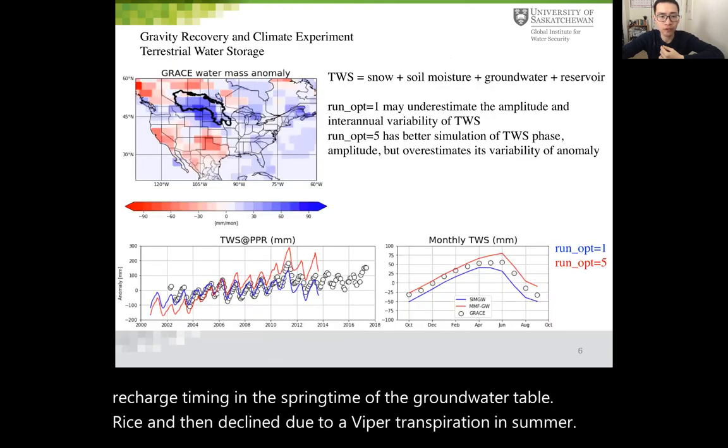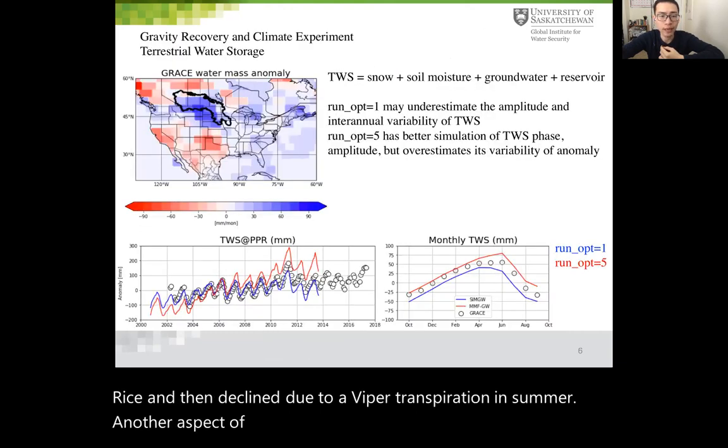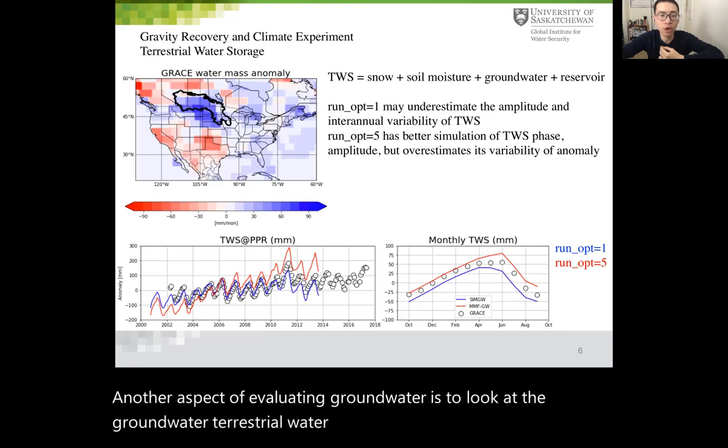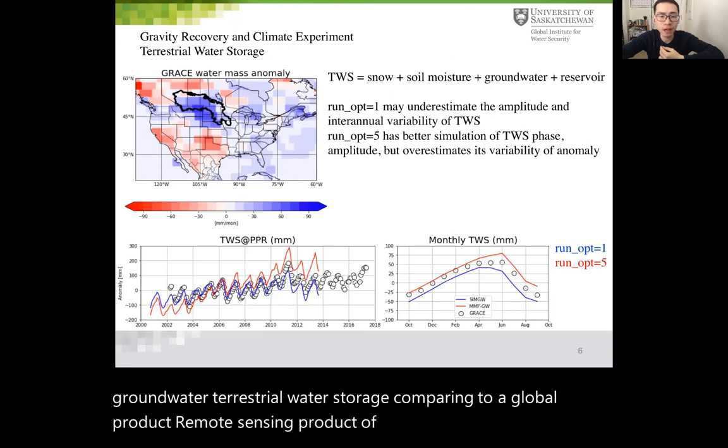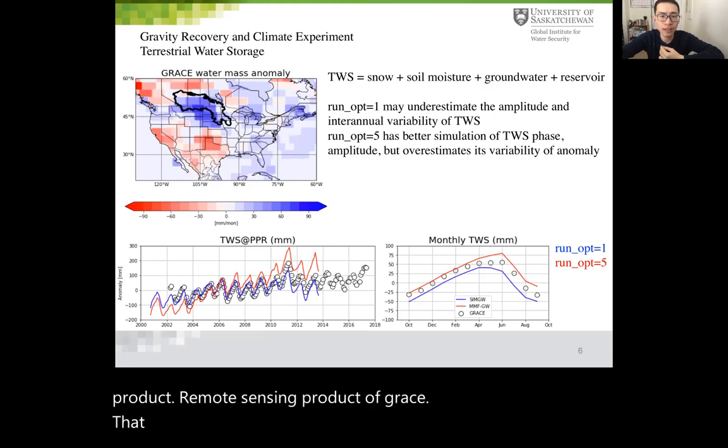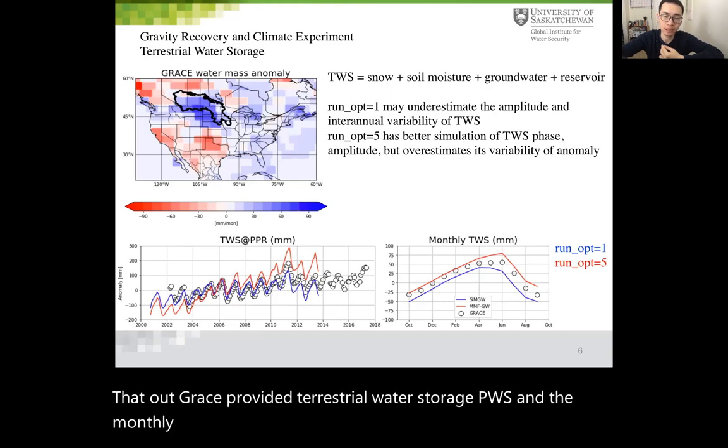Another aspect of evaluating groundwater is to look at the terrestrial water storage compared to a global remote sensing product, GRACE. GRACE provides terrestrial water storage, TWS, as a monthly anomaly. Basically, it is the water mass on the surface.